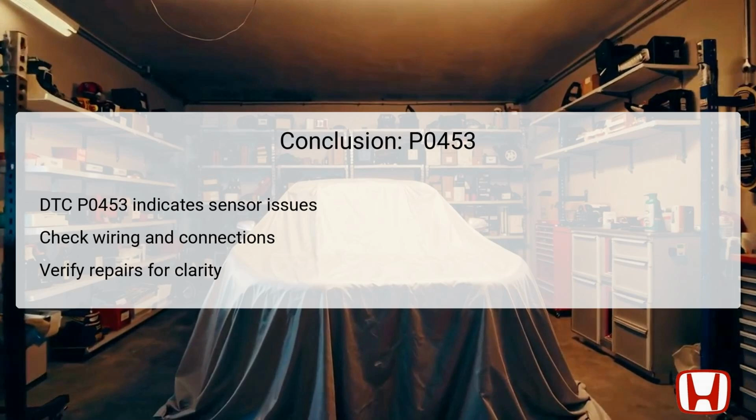In conclusion, DTC P0453 signifies a high voltage situation in the FTP sensor circuit, which can stem from various causes, including a faulty sensor or issues within the wiring. A systematic approach to troubleshooting, including verifying sensor output and electrical connections, is essential for accurately diagnosing the problem.